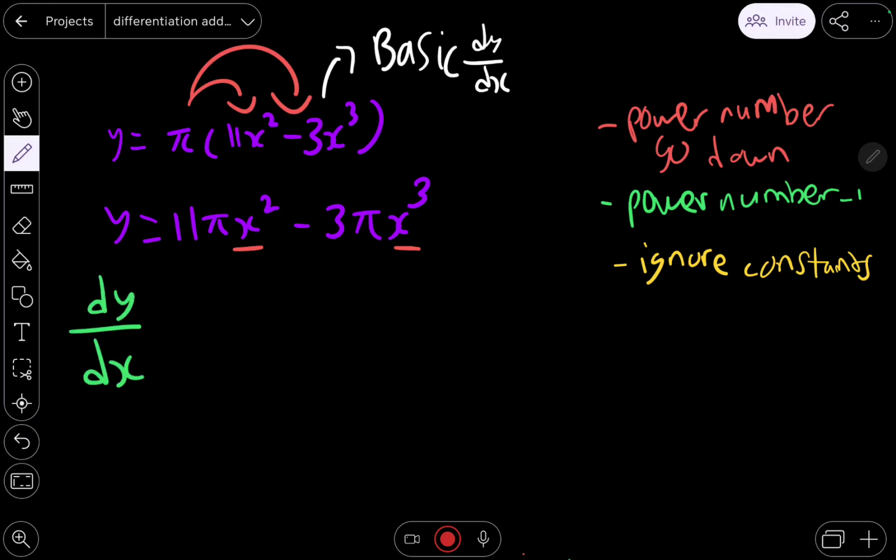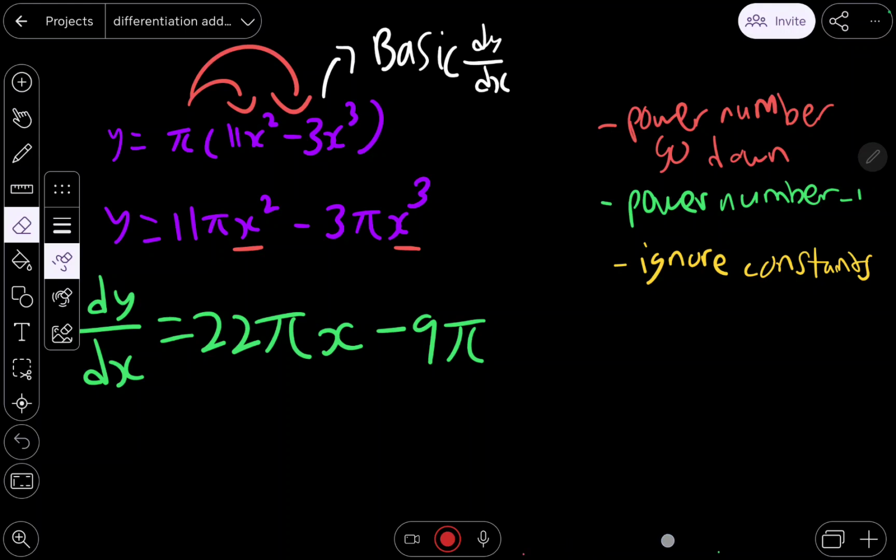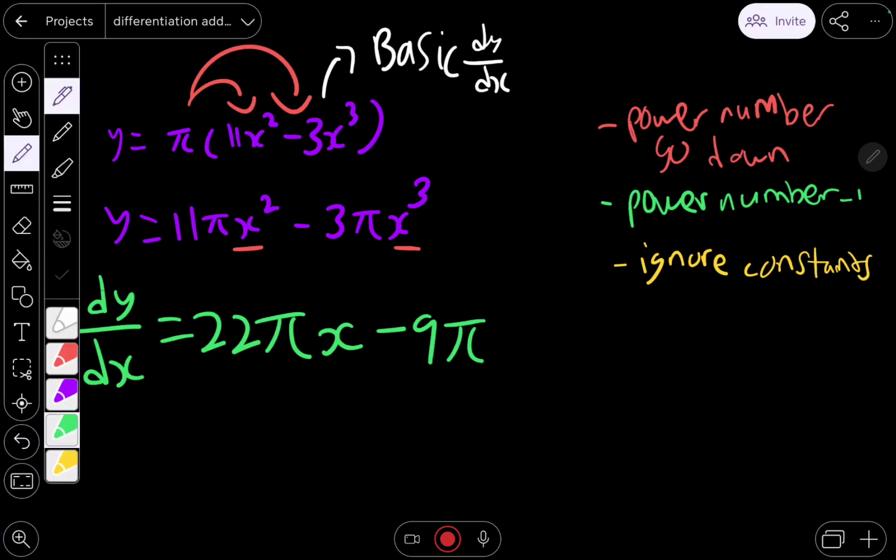dy over dx. Power number comes down: 11 times 2. 11 pi times 2 is 22 pi, and x to the power of 2 minus 1 is just x. So minus 3 pi times 3 is minus 9 pi, and then power number minus 1, so x to the power of 3 minus 1 is x squared.